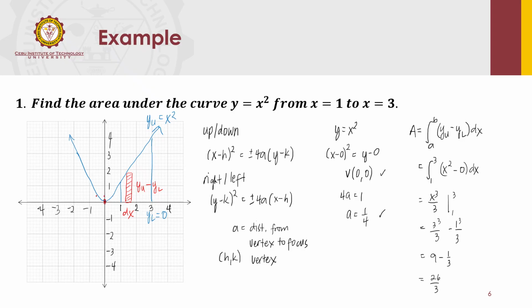And since it's area, the unit is square units. Okay, so the area under the given curve from x equals 1 to x equals 3 is 26 over 3 square units.